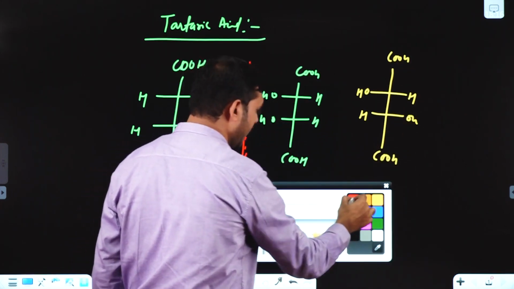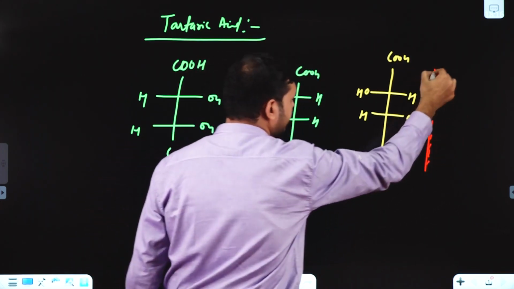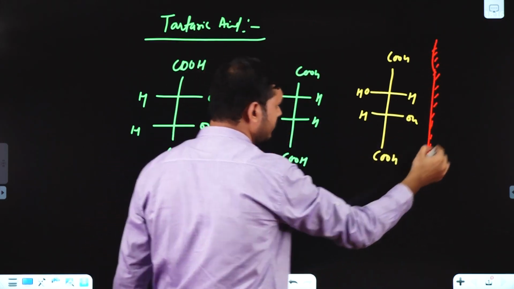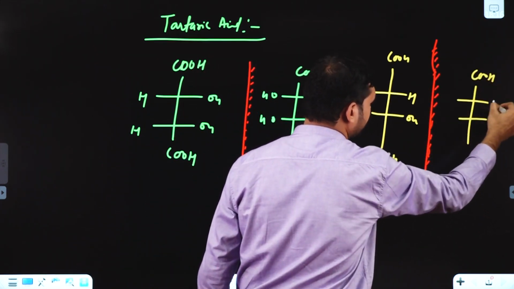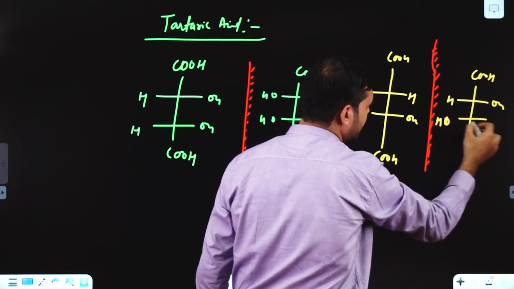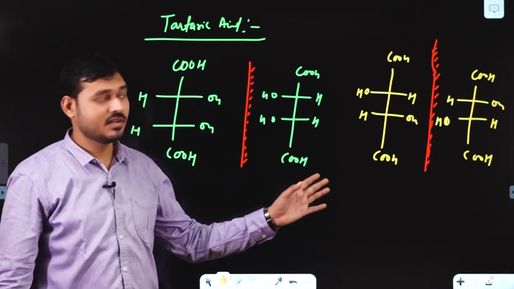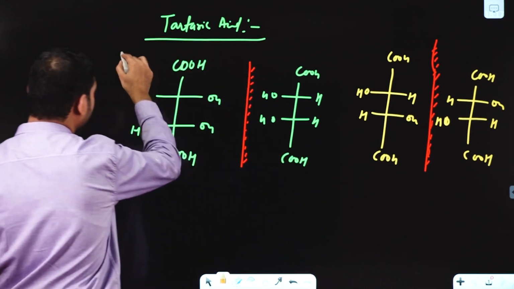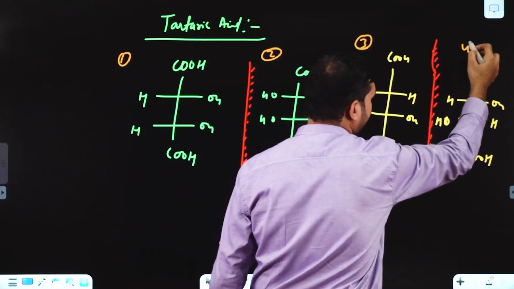Now again, placing the mirror, let me draw its mirror image. Okay. This OH comes this side and this OH comes this side. Clear? Now let me give them numbers 1, 2, 3, 4.